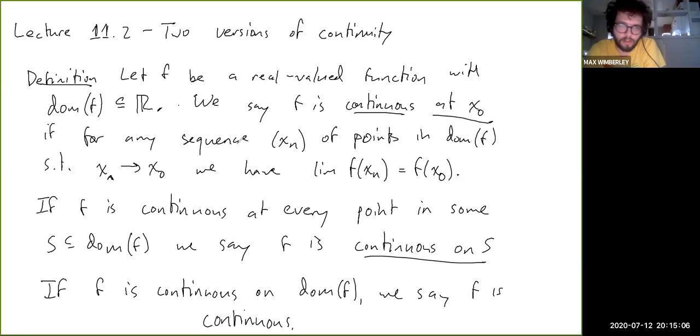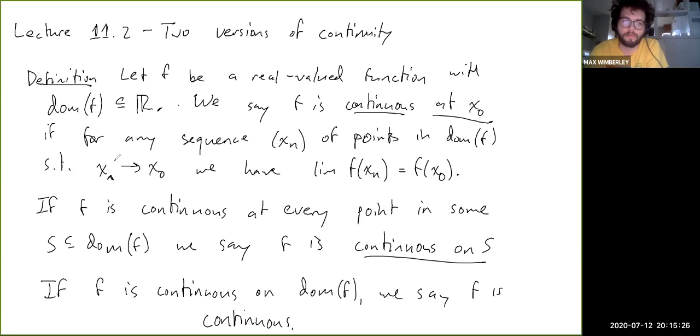We call this the sequential definition because it's phrased entirely in terms of sequences, right? We quantify all sequences of points in the domain which approach the given point x naught, and then we make the definition in terms of the behavior of this corresponding sequence f of xn, right?